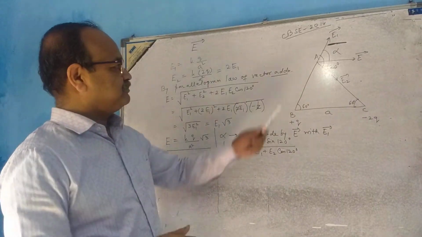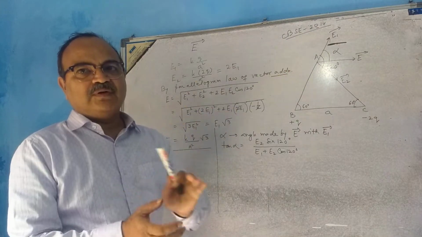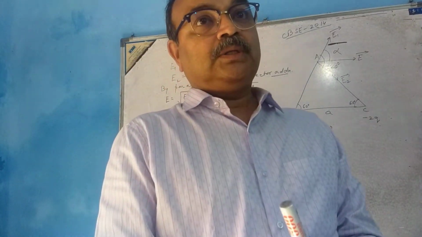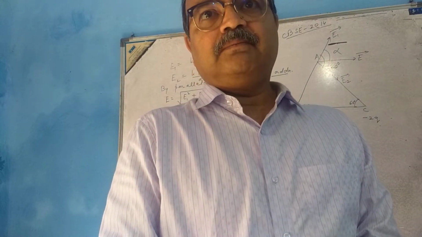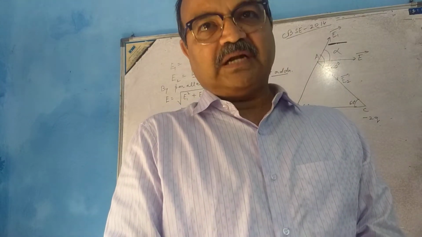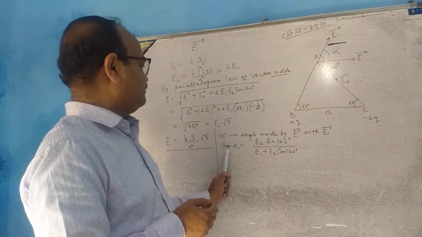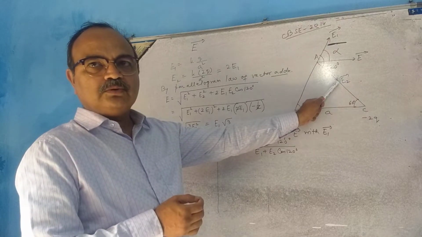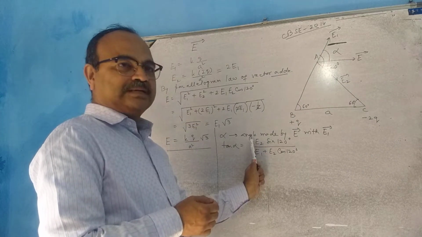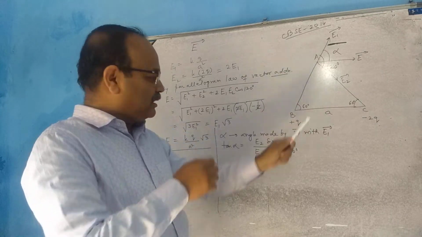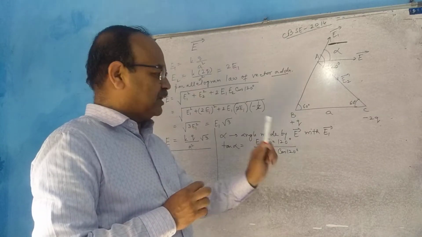This we are getting from the parallelogram law of class 11. The angle formed by the resultant, if it is forming an angle alpha with E1, then tan alpha is E2 sine 120 divided by E1 plus E2 cos 120.